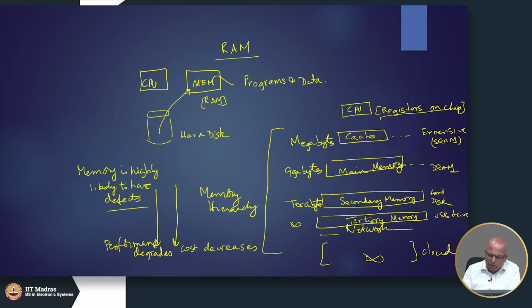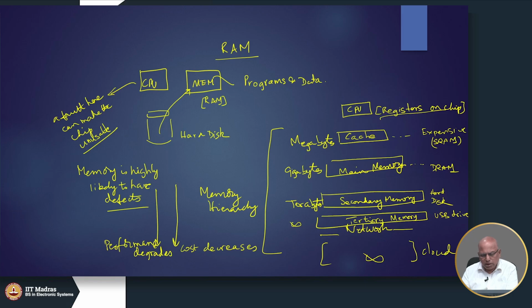So, unlike digital circuits, if there is a fault in the CPU or something like that, we will not be able to use that chip, we have to throw it away. So, a fault here can make the chip unusable. But if there is a fault in the memory, we do not want to throw it away.